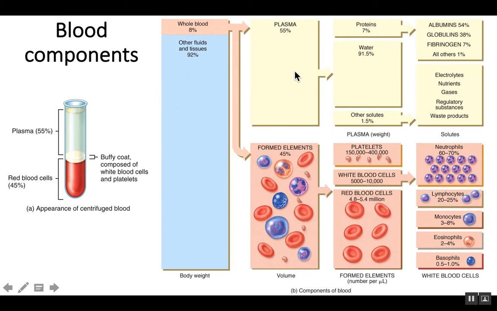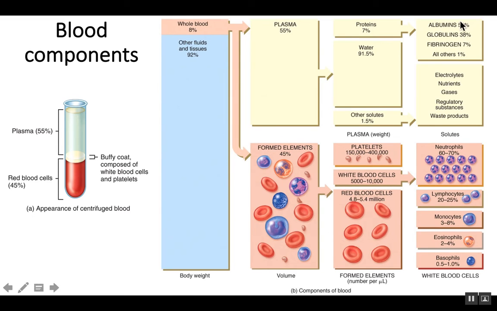Plasma is the liquid portion, so it's going to be largely water. 91.5% of plasma is water. So that means, if you did the math, about 50% of your blood is water. 7% of the plasma are proteins. So there's quite a bit of protein in blood plasma.